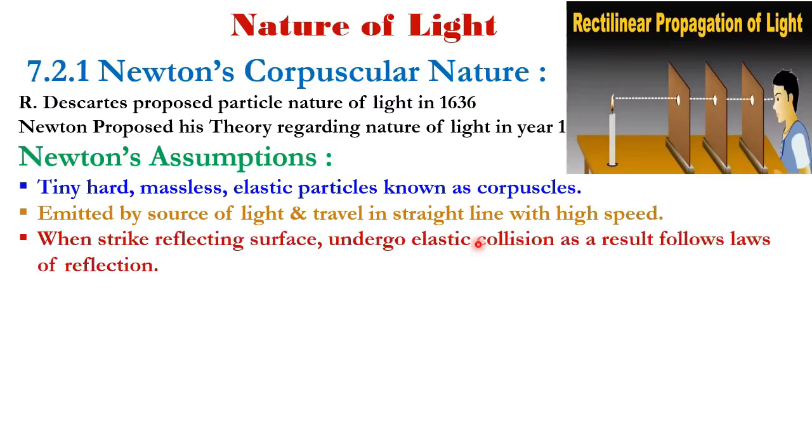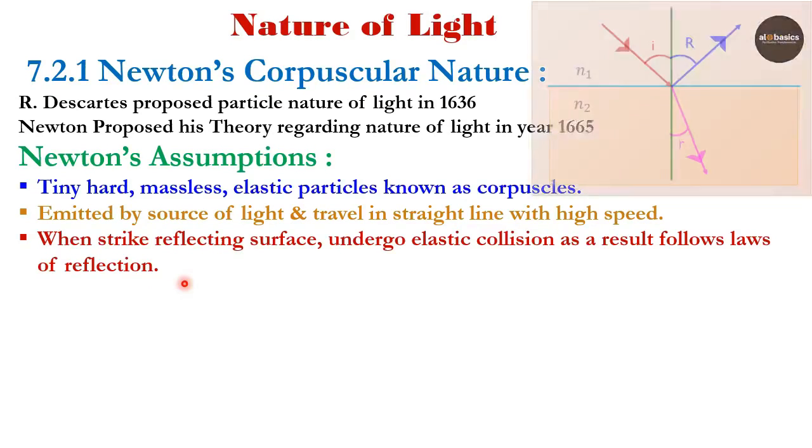Next, he considered that when light strikes a reflecting surface, it undergoes elastic collision, and as a result it follows laws of reflection. All of you have studied laws of reflection and refraction at your school level.